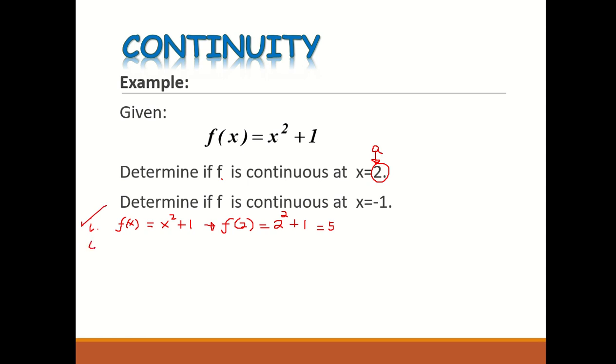So condition number 2 is that the limit of f of x as x approaches a, where our a here is equal to 2.